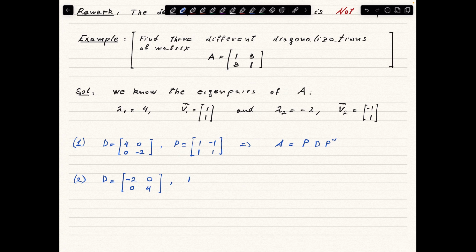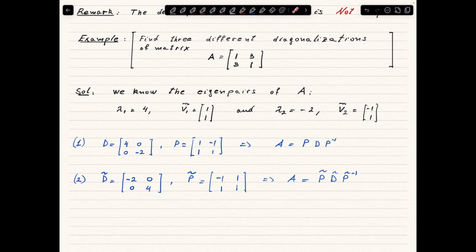Let's call it D tilde, and matrix P tilde. Now in the first column should be the corresponding eigenvector, so negative 1, 1, and in the second column the other eigenvector. With those matrices, we still have the decomposition P tilde, D tilde, and then P tilde inverse.